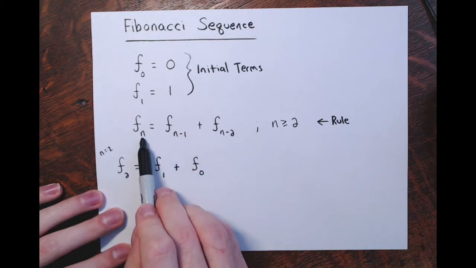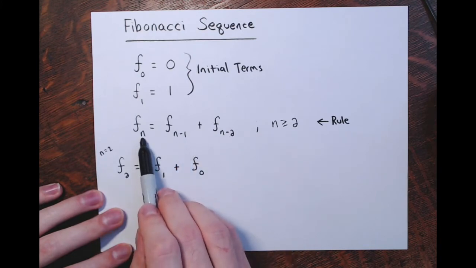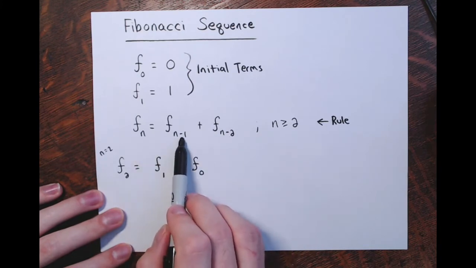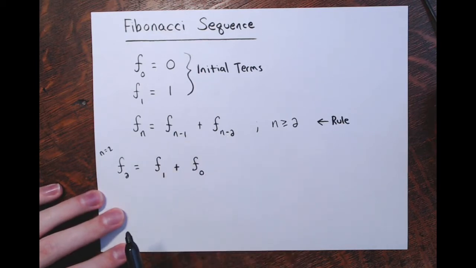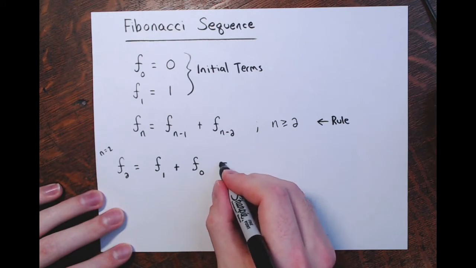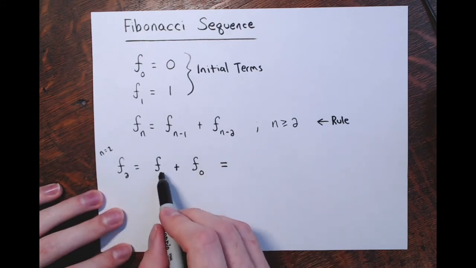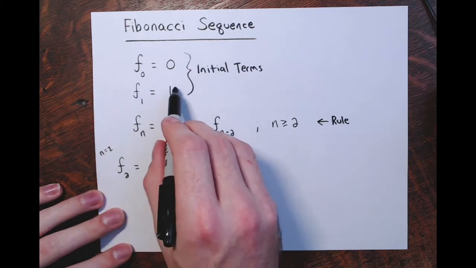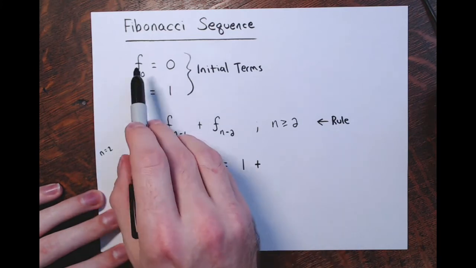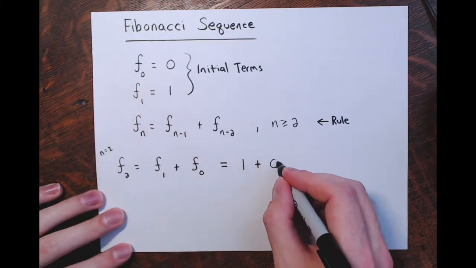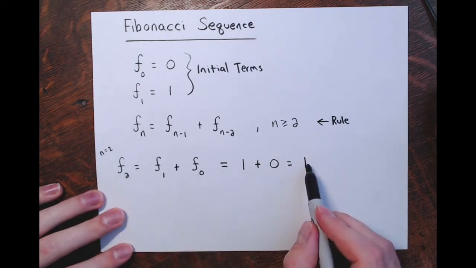So every term is the sum of the previous two terms. If you're at the nth term, n minus 1 would just be 1 before it, and then n minus 2 would be 1 before that. And that's what we're seeing here. So this f sub 2 would be f1, which we're given, one of these initial terms was 1, plus f0, which is 0. So the value of f2, this term, is 1.